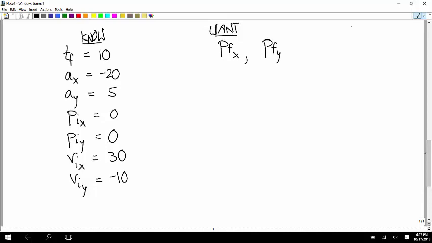Is there an equation that we can use for either one of these? If we want to find PFX first, I think it'll work to calculate PFX is equal to PIX plus VIX TF plus 1/2 AX TF squared.